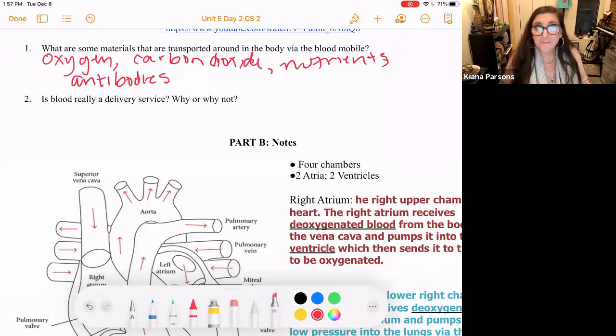So the blood system is a delivery service.